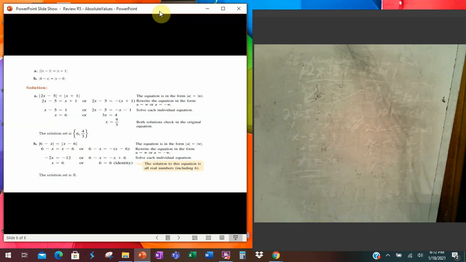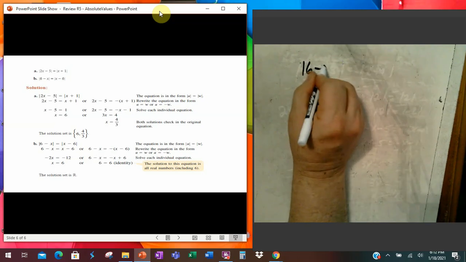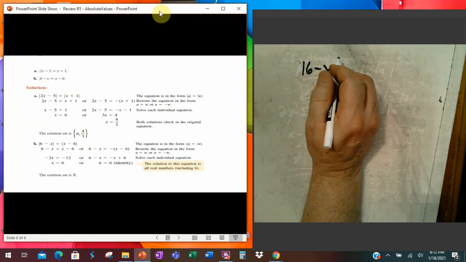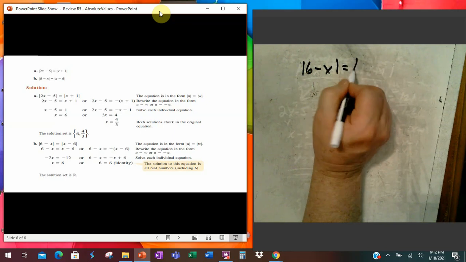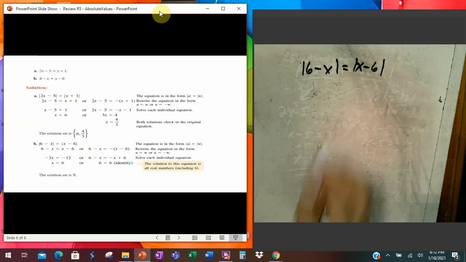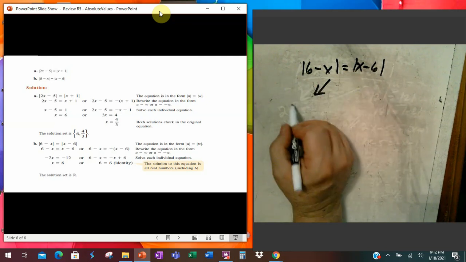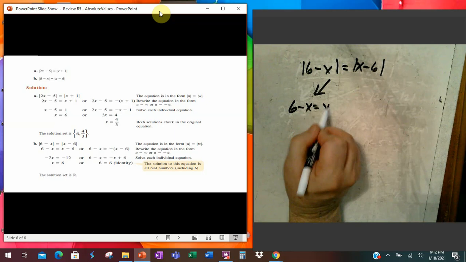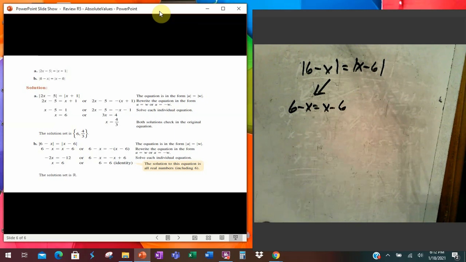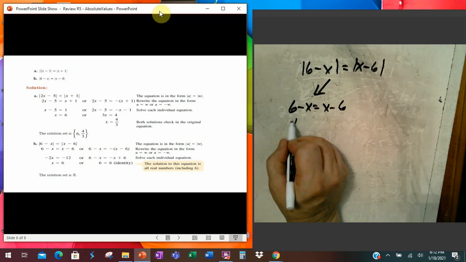Okay, let's see this one. How about the absolute value of x minus 6 is equal to the absolute value of 6 minus x? Well, I'm going to break this out. They could be the same. So plus x on both sides.